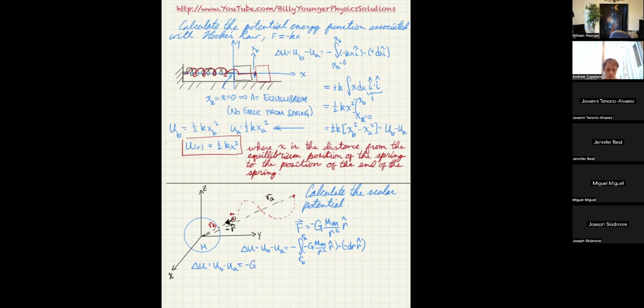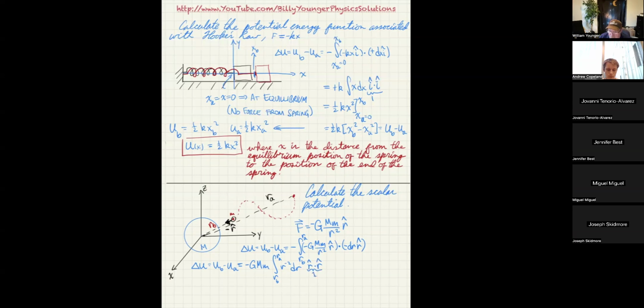That's going to be G, M, M. And now I'm going to use the linearity of the dot product, and I'm going to say RB to RA, r to the negative 2 dr, and then r hat dot r hat, which of course is 1.